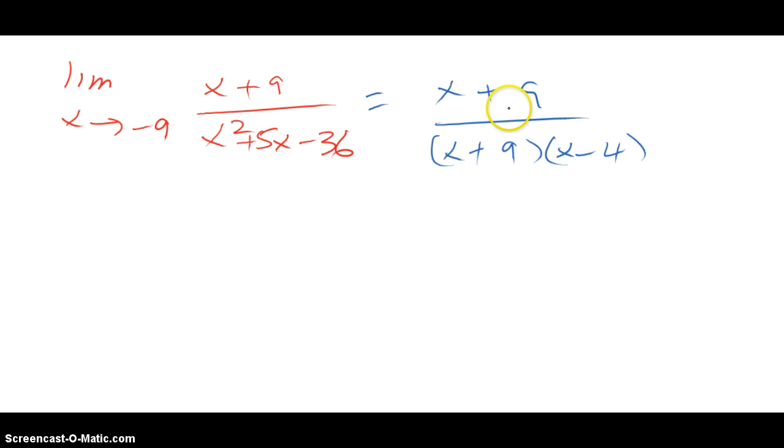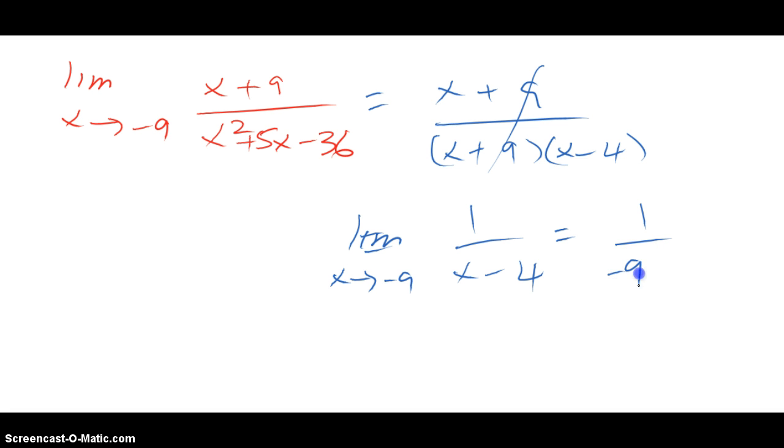And when we cancel those, we're actually left with 1 over x minus 4, which when we plug in the limit as x goes to negative 9, then that's going to give us 1 over negative 9 minus 4, which is negative 1 over 13.